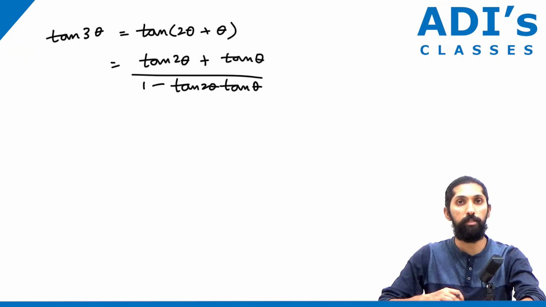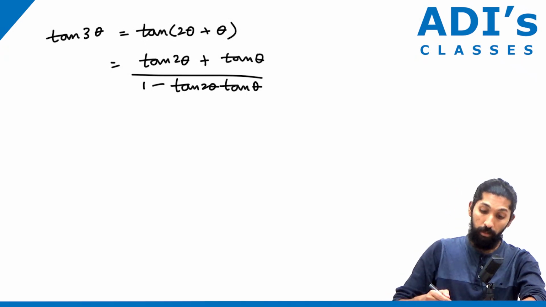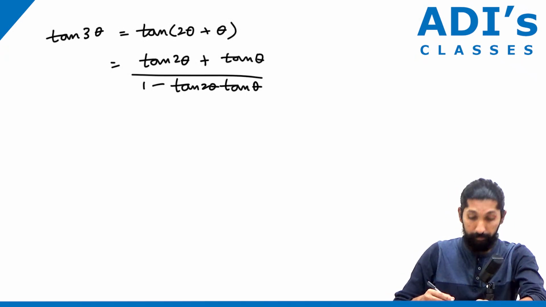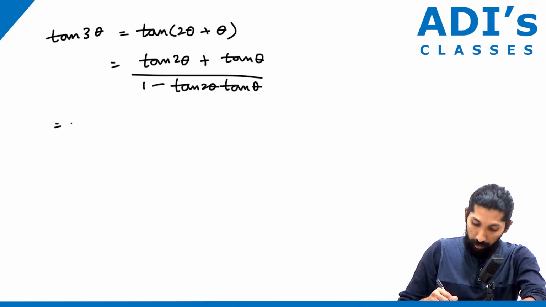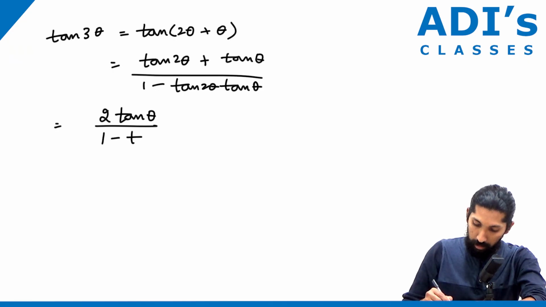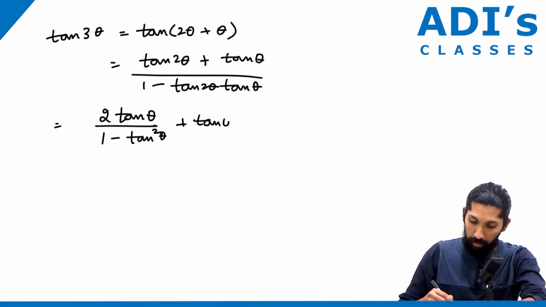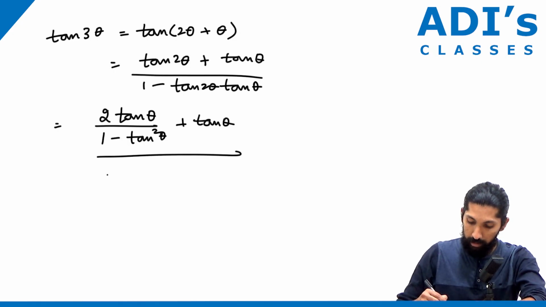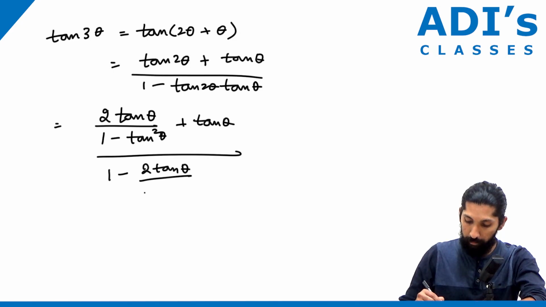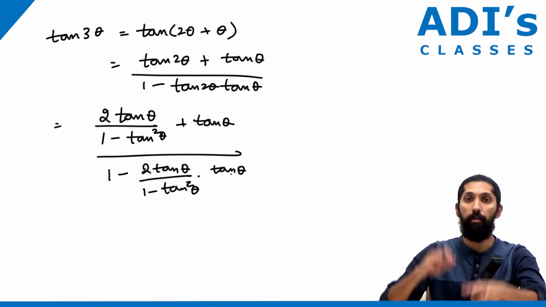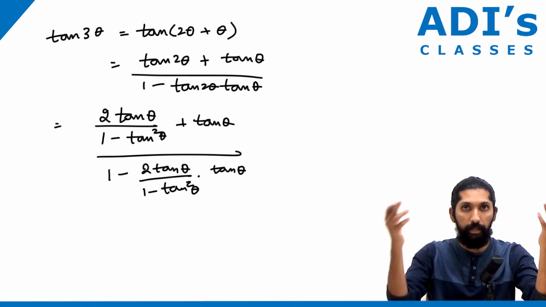This is the formula of tan of x plus y, isn't it? Now expand tan 2 theta: 2 tan theta by 1 minus tan square, plus tan theta, over 1 minus 2 tan theta by 1 minus tan square theta into tan theta.